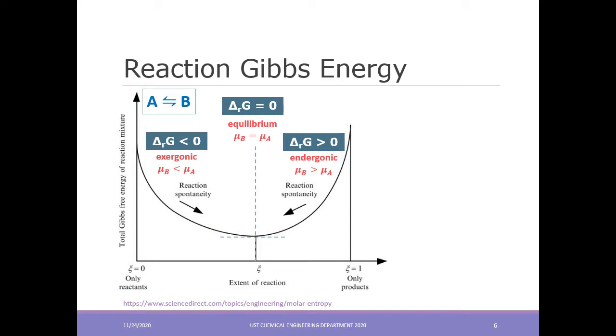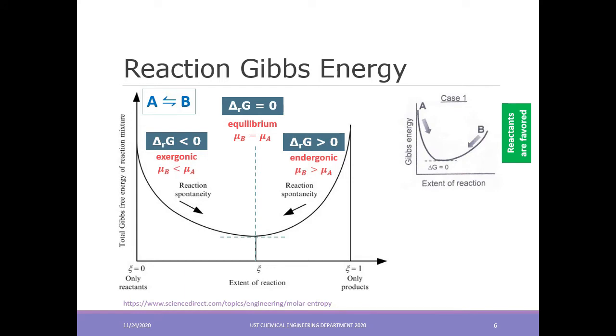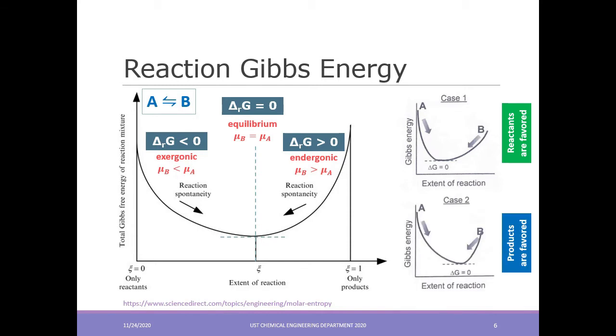Take note that when equilibrium occurs, not all reactants have been converted to products. Both reactants and products are present in the equilibrium mixture. The position of equilibrium in the plot can tell you whether reactants are present in greater amounts, such as shown in the plot of case 1, or if products are favored as shown in case 2.